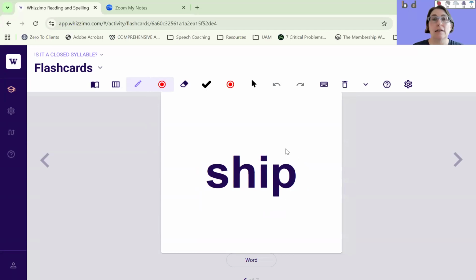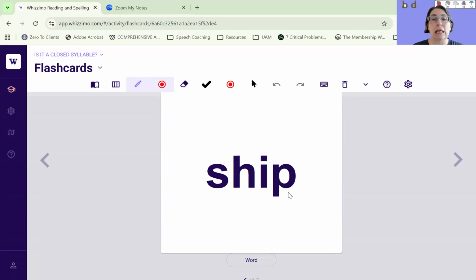All right, I see how many vowels? One. There's an I right there, one vowel. Is there something after the vowel? There's a P, that's a consonant. That means this is closed. Okay, so we know that this I is going to make its short I sound in this word. We know, I hope, that SH is a digraph.